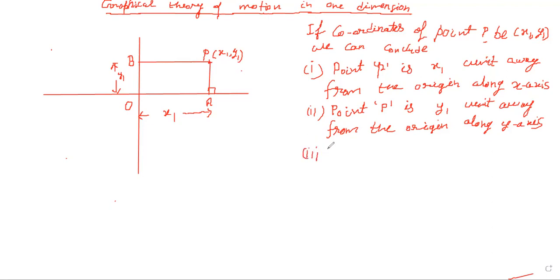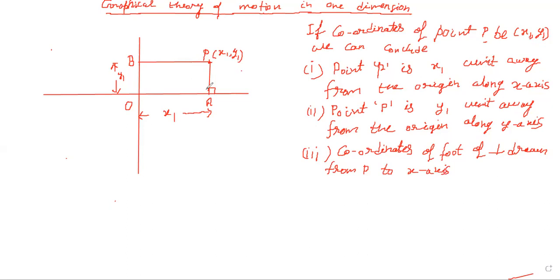Third conclusion: the coordinates of the foot of the perpendicular drawn from P to the x-axis. Clearly it is A. When we draw a perpendicular from P to the x-axis, the foot of the perpendicular has the coordinates x1, 0.